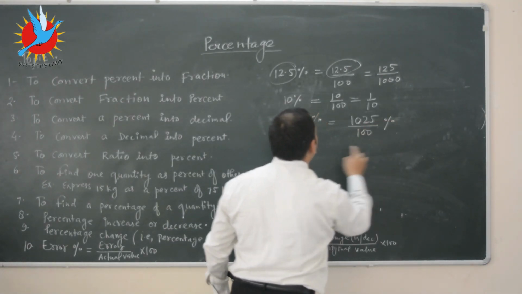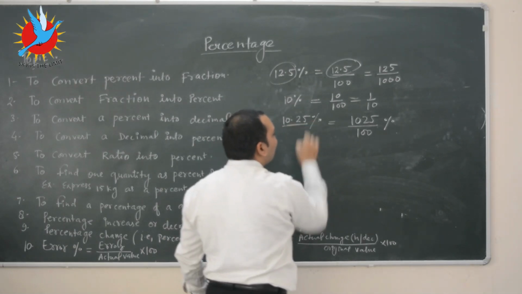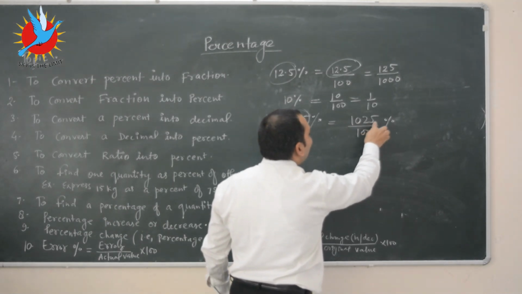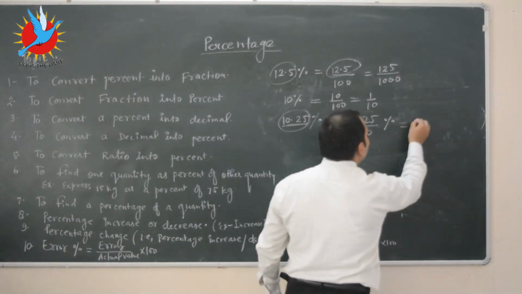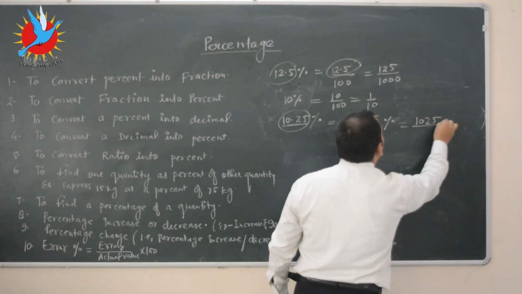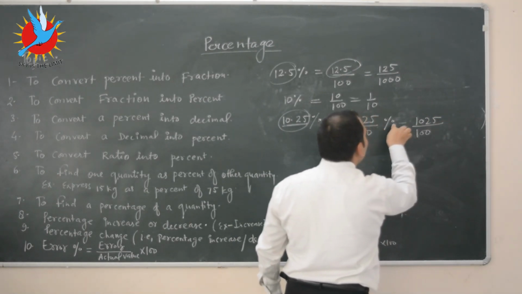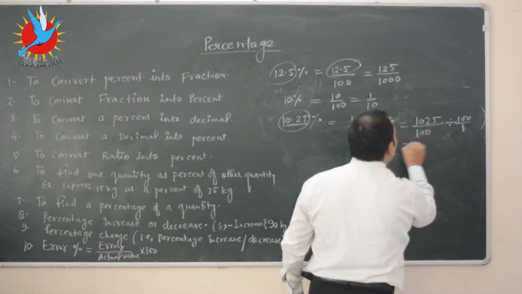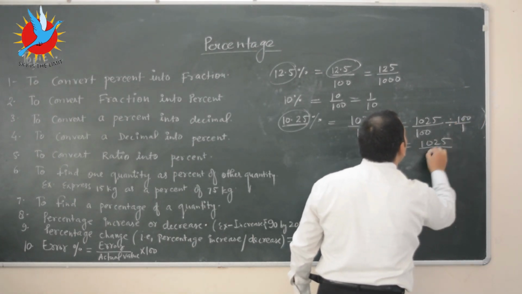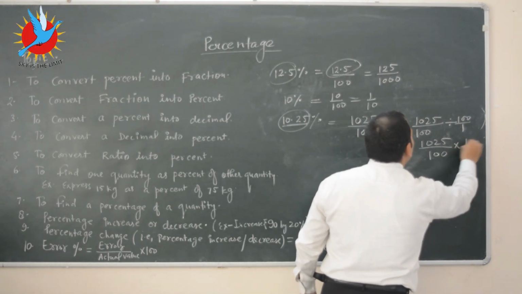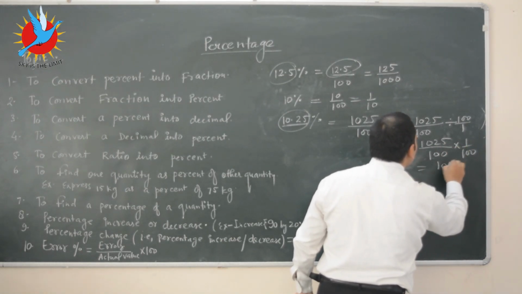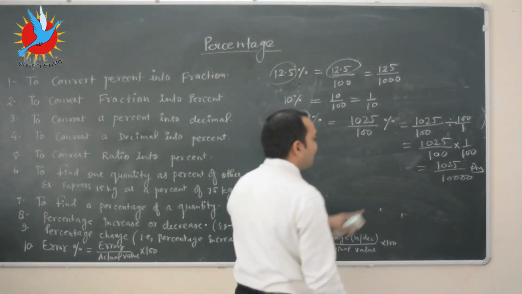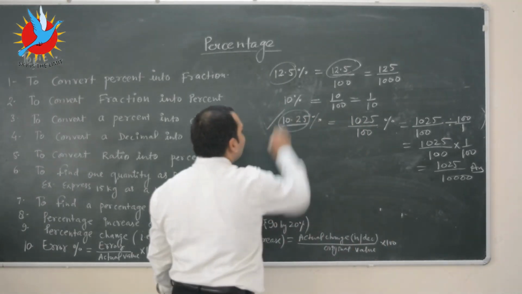So 10.25% we can write as 1025 upon 100%, and this percent will be divided by 100. So the value is 1025 upon 100 into 1 upon 100. The value is 1025 upon 10000. This is the answer, the fraction form of this percent.